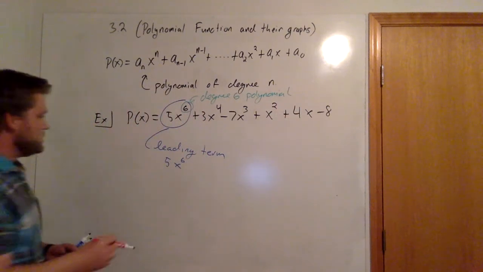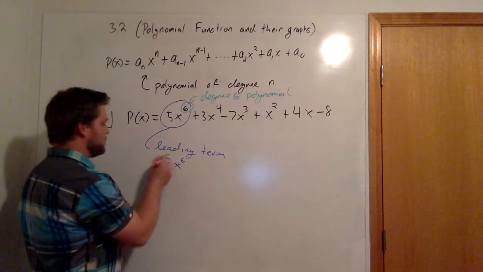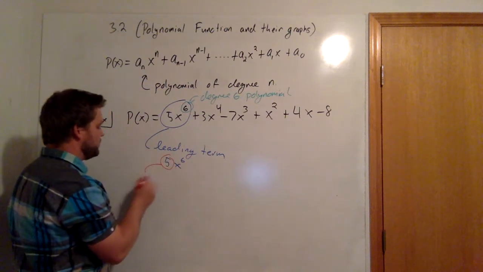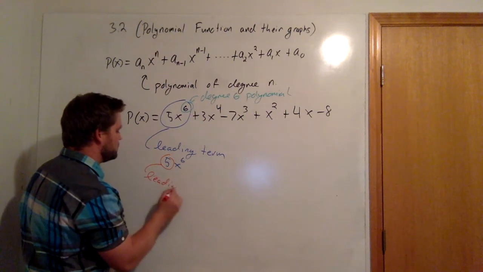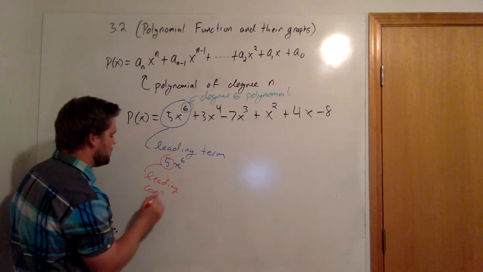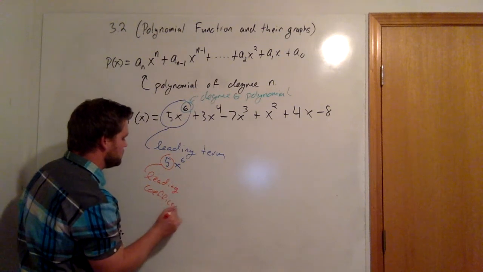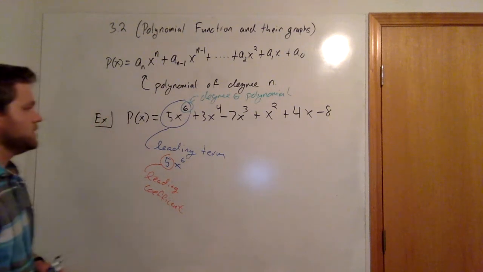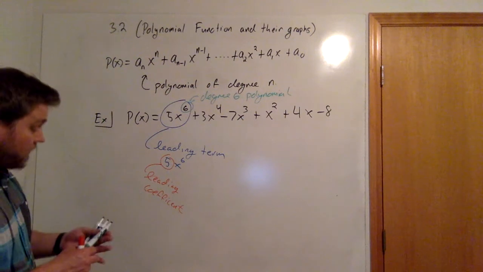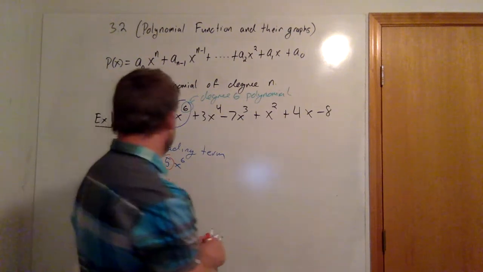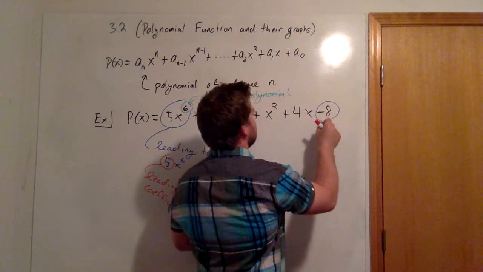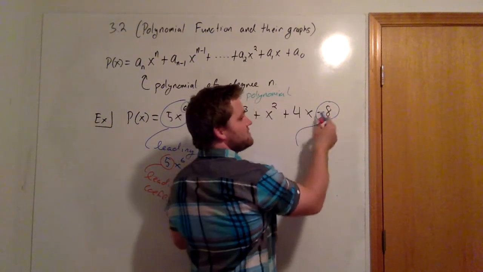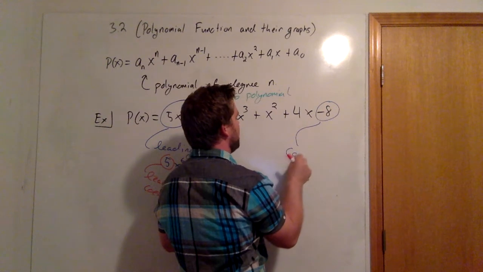And the coefficient on the leading term, the 5, is what we call the leading coefficient. And now what we call the constant term here, running out of colors, I'll color this one blue. This negative 8, the term that doesn't have a variable on it, we call the constant term.